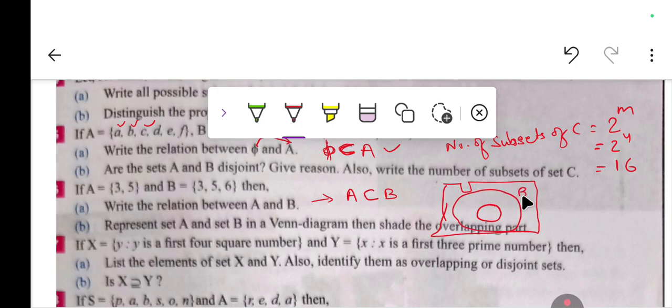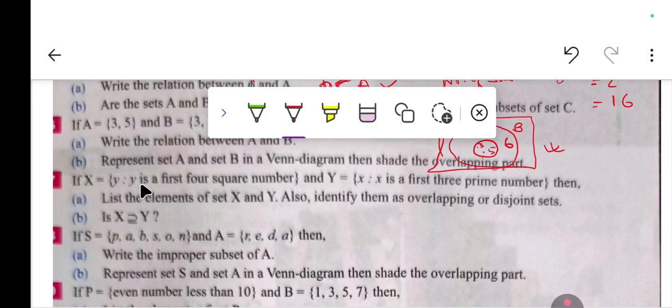The superset is B. So B is outside and inside this there is A. What are the elements of A? 3 and then 5. B also has 3 5, so inside B also 3 5 lies. And one extra is over there which is not in A but in B, that is 6. So this is how we can show it in the Venn diagram. Let us see another question.